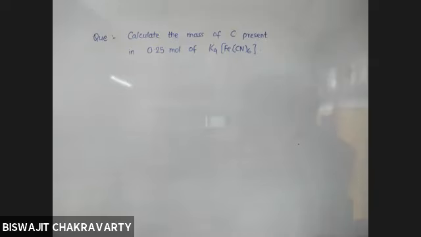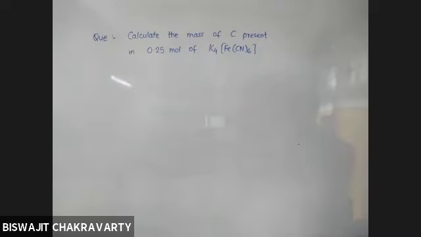Okay, 1 mole of K4Fe(CN)6 contains how many moles of carbon in it? 6. Very good. So 0.25 mole of K4Fe(CN)6 will contain how many moles of carbon? 0.25 into 6, isn't it?